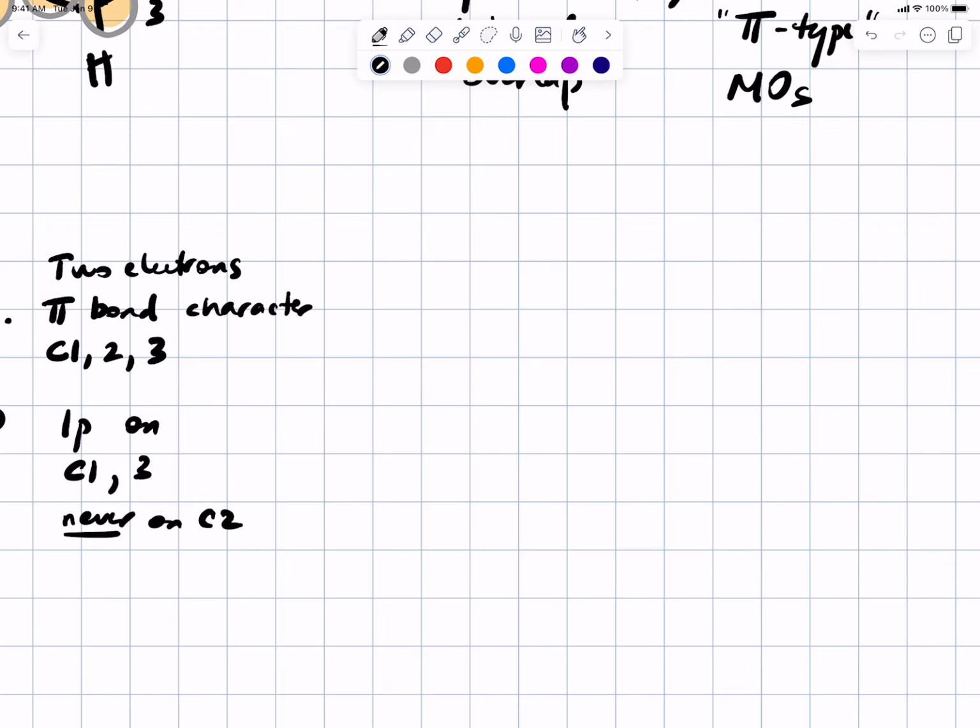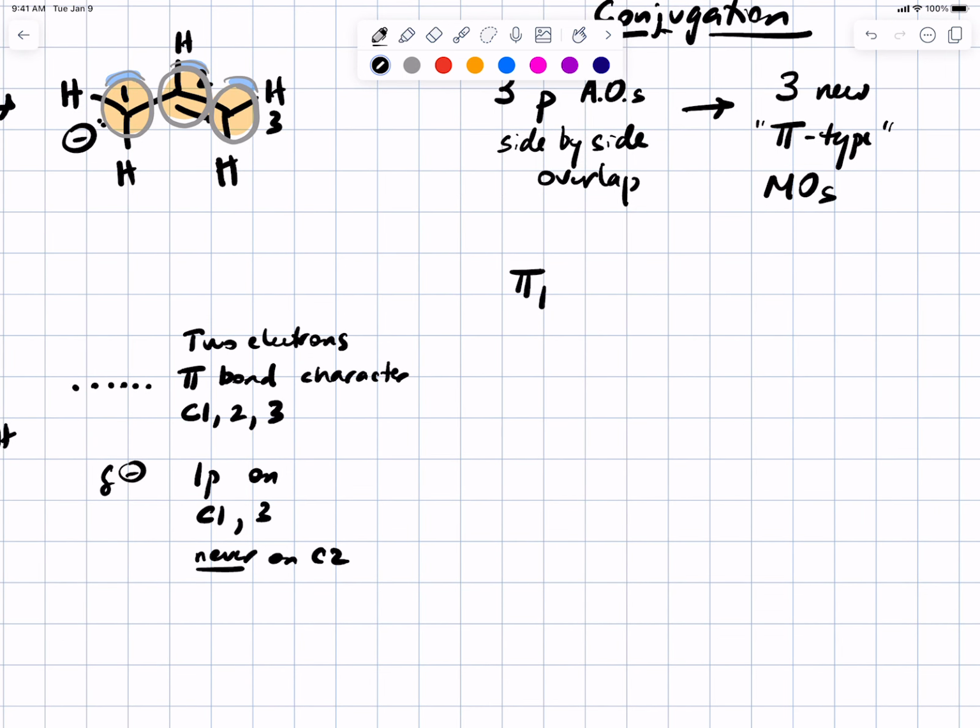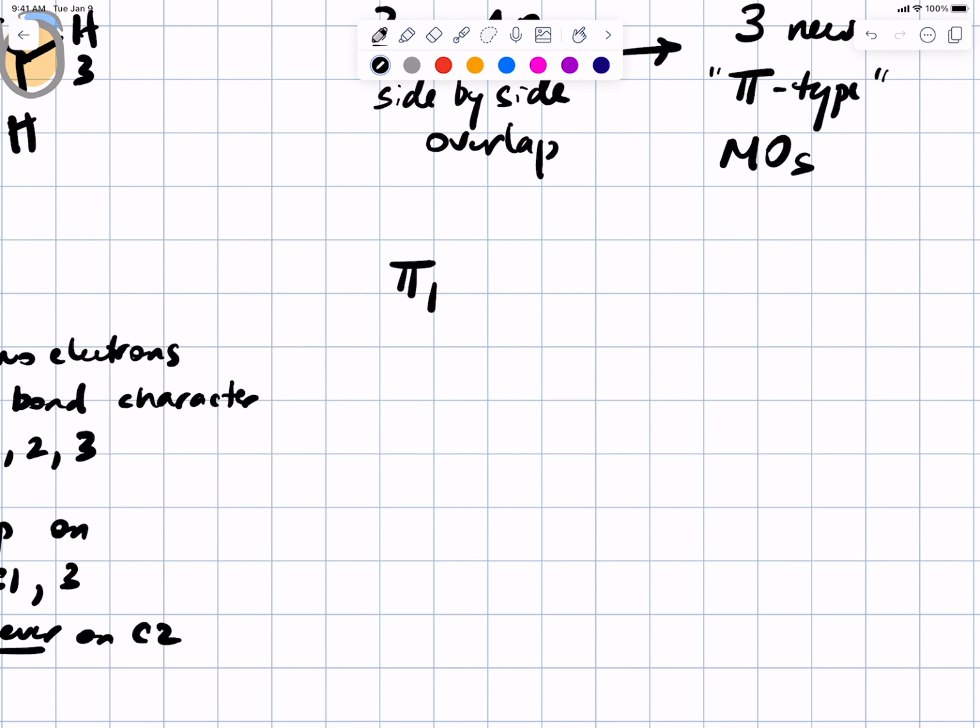The lowest energy combination, which I'm going to call pi 1, we get, and again I'm going to draw sort of an overhead view. I'm just going to draw the framework of sigma bonds that are in the plane of the page. I'm going to drop the pi bonds now for clarity.